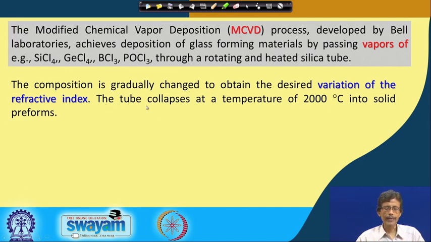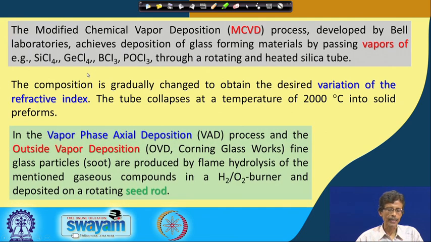When we obtain the final tube, it collapses at a very high temperature, in the range of 2000 degrees centigrade, into the solid preform, the solid material obtained at the initial stage of your work. Another type of deposition, similar to MCVD, is known as VAD and then OVD.